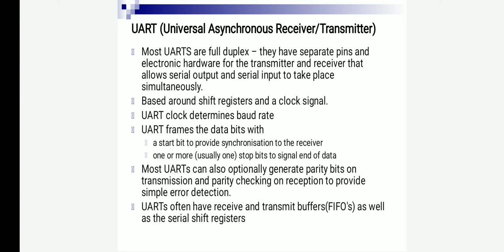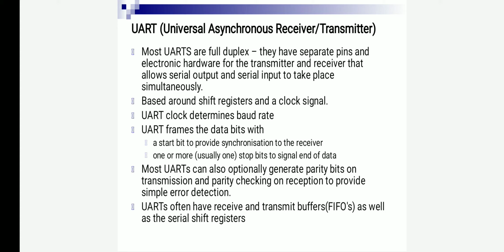Every frame has a start bit to provide synchronization to the receiver and one or more stop bits to signal the end of data. So in every frame of the data there must be one start bit to provide synchronization and there must be one stop bit to signal the end of the data.